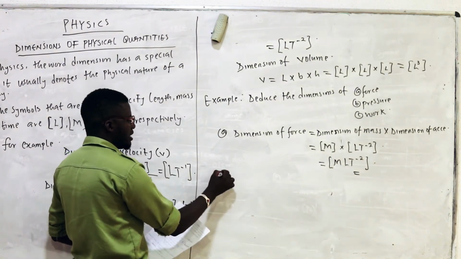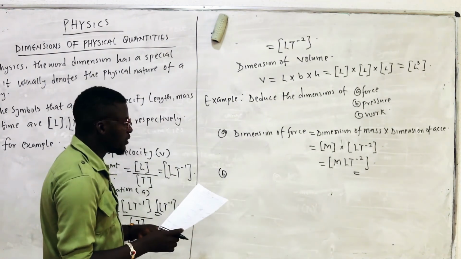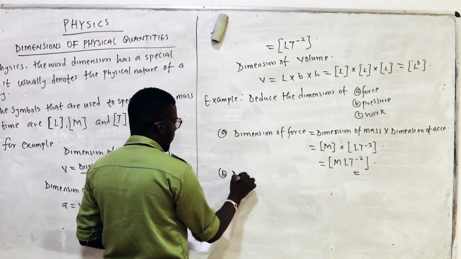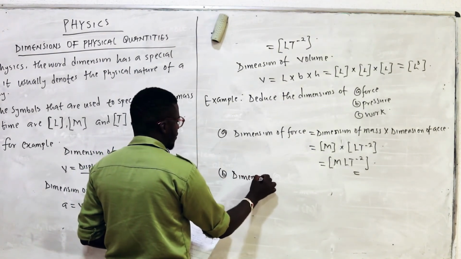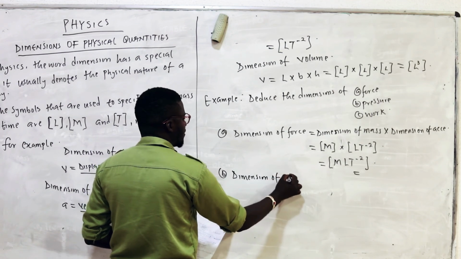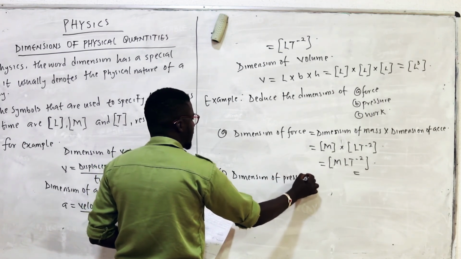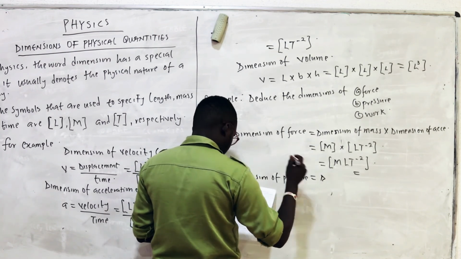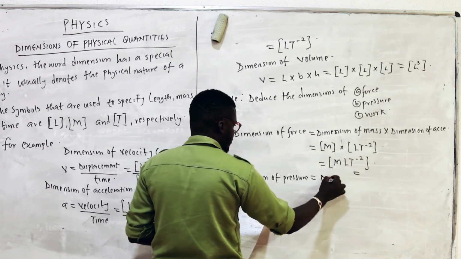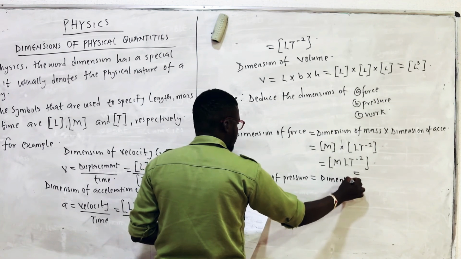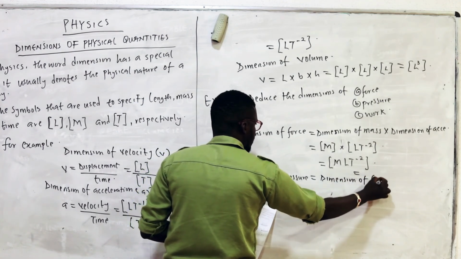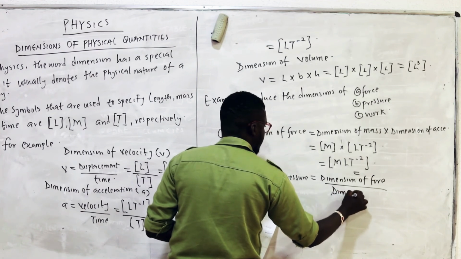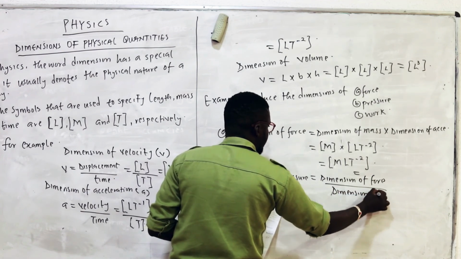So the next one, B, I'm looking for the dimension of pressure. Now the dimension of pressure is equal to the dimension of force over the dimension of area.